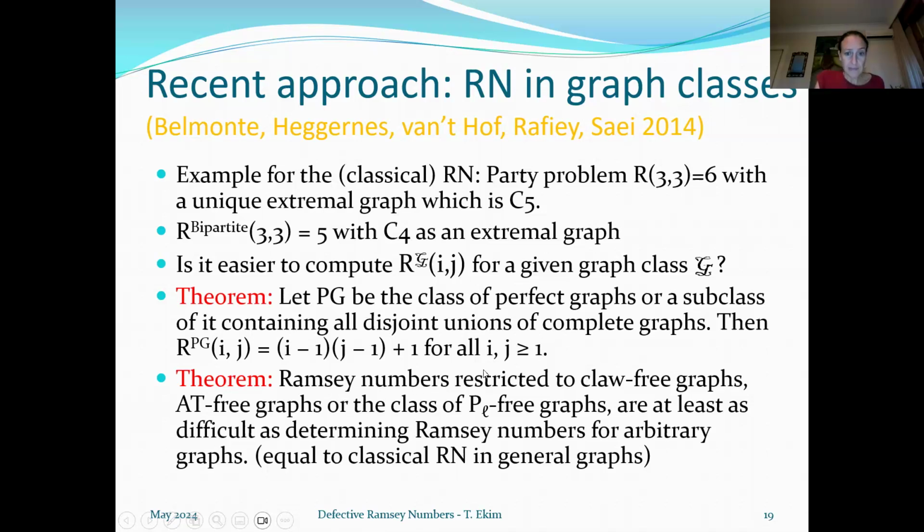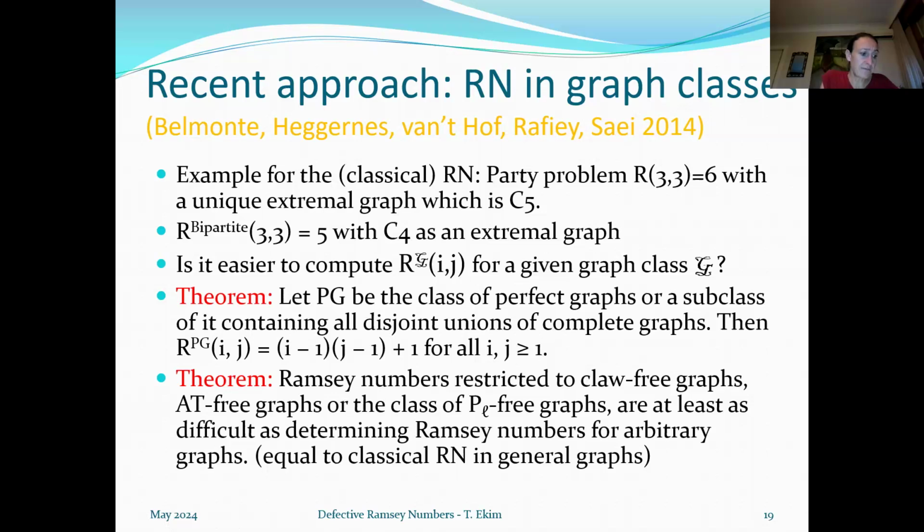So Ramsey numbers restricted to these graph classes are at least as difficult as determining the Ramsey numbers for arbitrary graphs. Actually, they show that they are equal to classical Ramsey numbers in general. So they're not any easier. So the answer to my question, is it easier to compute Ramsey numbers in a given graph class? Well, it depends on the graph class.